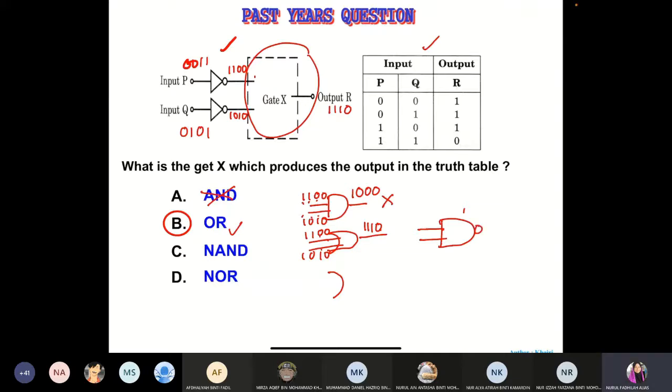So if we get here 1100, 1010, you AND them, you get 1000, 1000, then you NOT, you will get 0111. Looks the same but the arrangement is different. Theirs here is 0111, which is not the same as this arrangement. So this is not accepted. Okay? Alright. Can everyone follow?